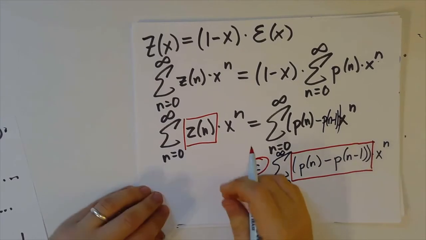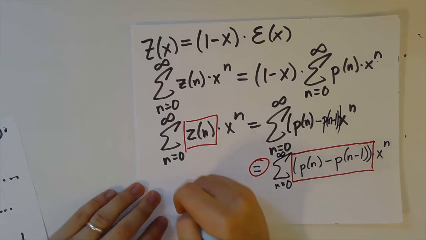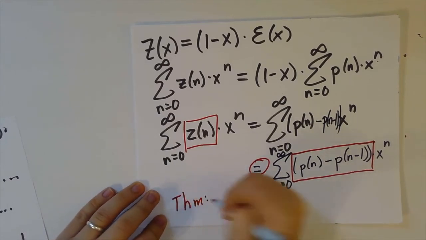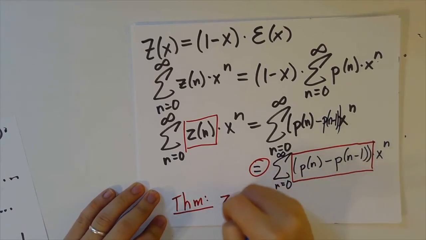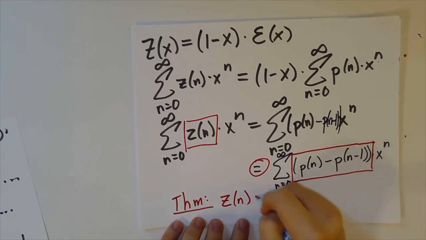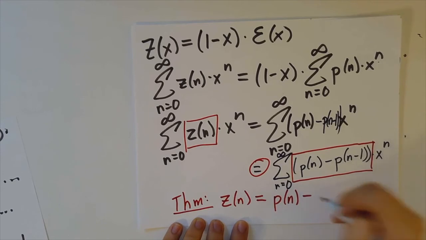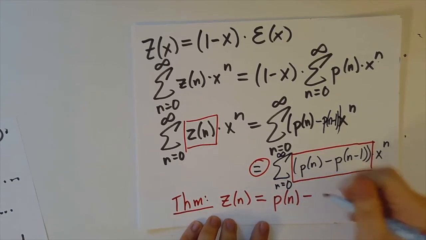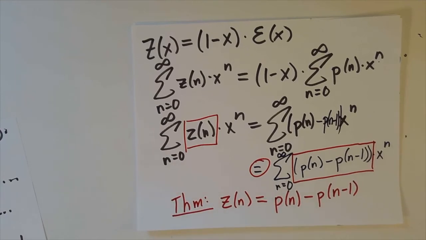And so for free, just as a benefit of multiplying out some equations, we have proven the following theorem, which says that the number of partitions of n into parts that are not 1 is exactly the same as the number of partitions of n with no restriction minus the number of partitions of n minus 1 with no restriction.